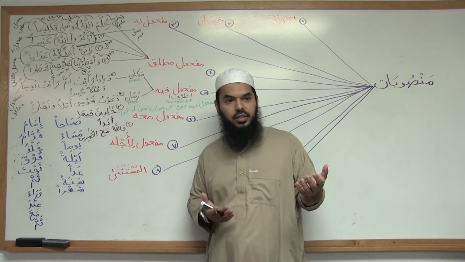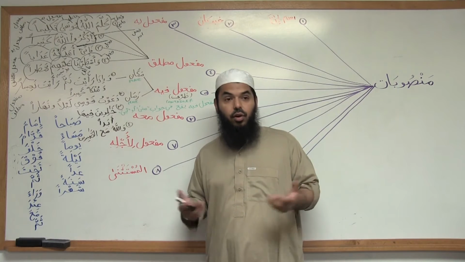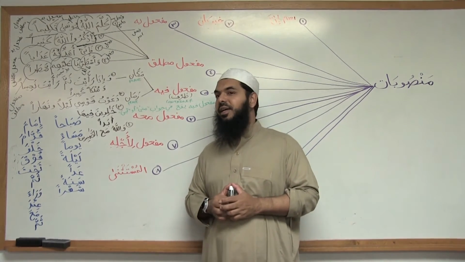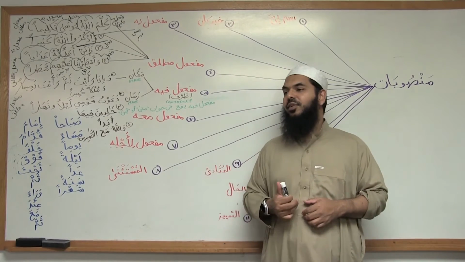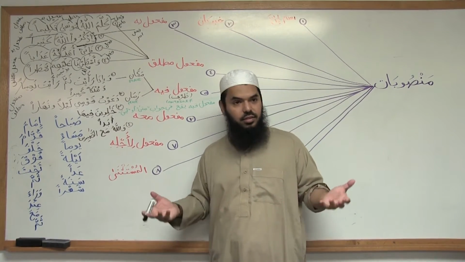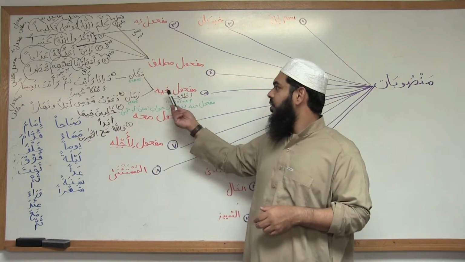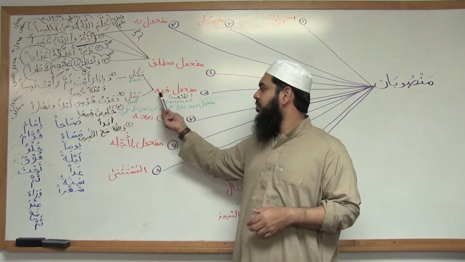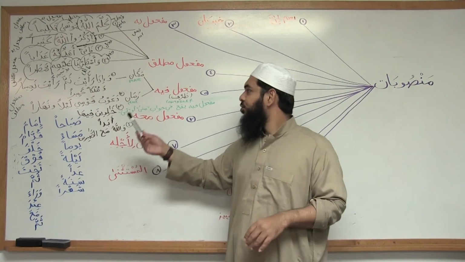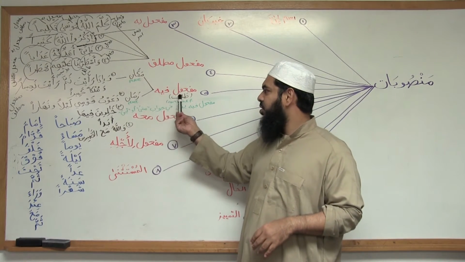Is that a time or place? Place. Or you could say I wrote this in 1999. I'm not that old. Now is that a time or place? So there is dharf makan, and dharf zaman. Easy, right? So maf'ul fihi is called dharf.